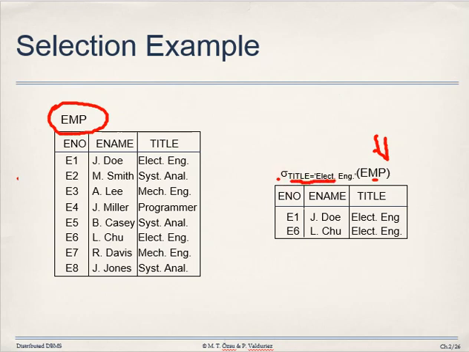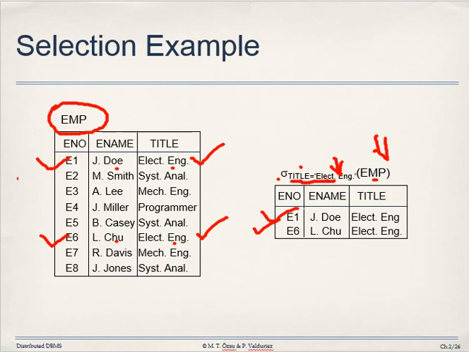Select such records which have the title equal to electrical engineer. So we have a first record and a second record of the electrical engineer. No other records are available with the title electrical engineer. So in the result we will get E1 electrical engineer, and second E6 electrical engineer.